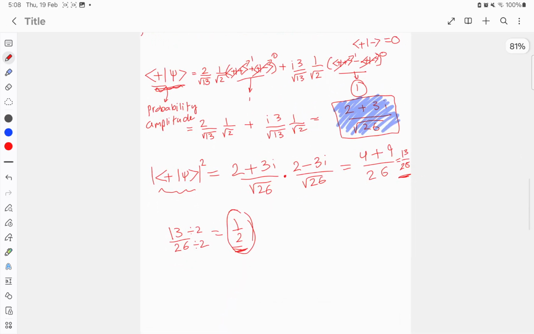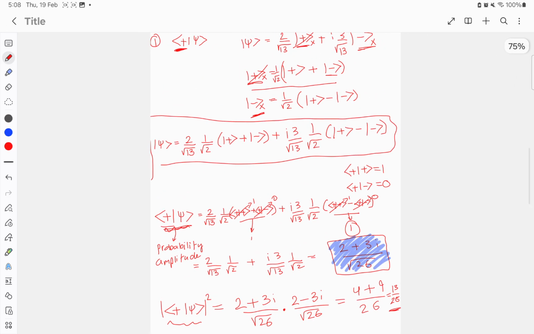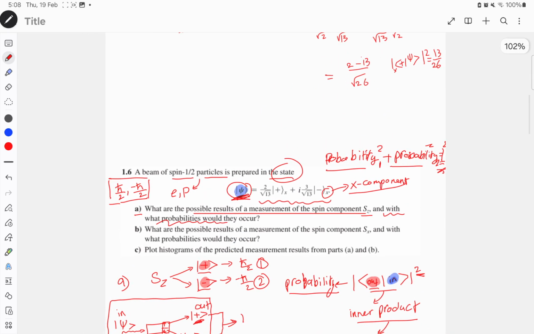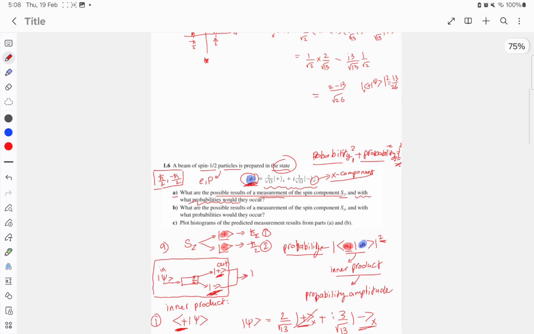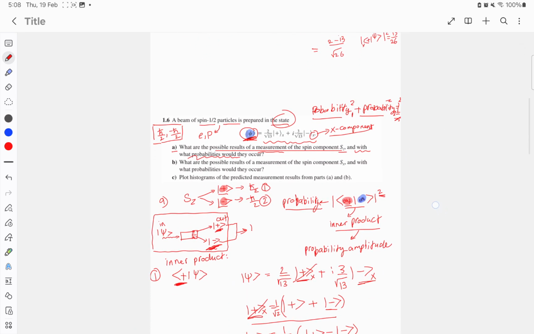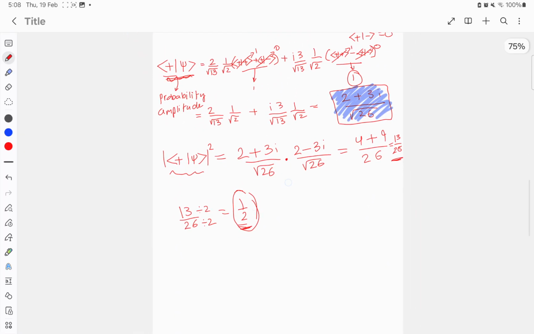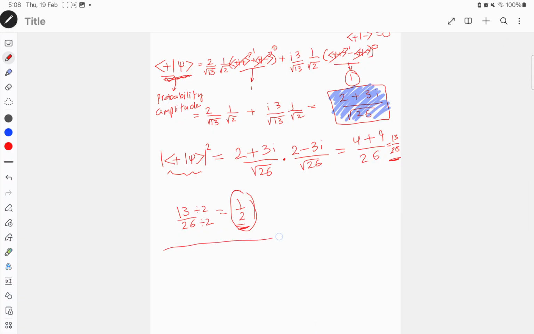Now the probability of the second one will be half, because we know that it is normalized. We should check it actually, but we know that it should be normalized, because any measurement will give us a normalized result, because it's an experiment, and any experiment should have normalized values. So it should be normalized.